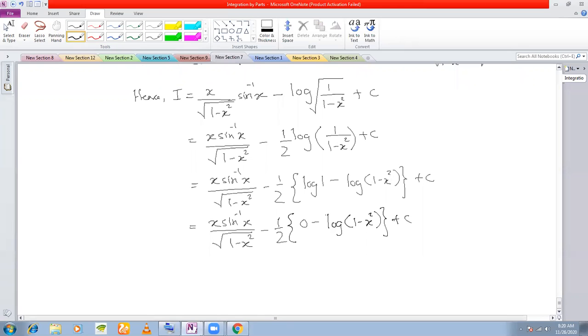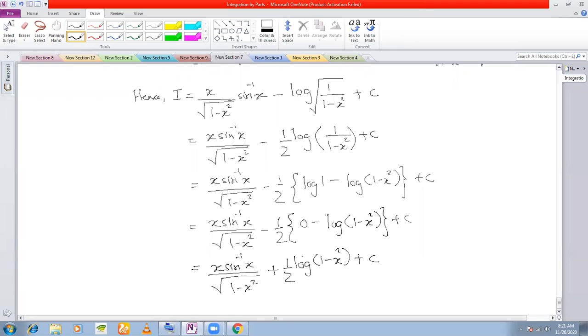And finally, you can write this as x sin inverse x by root 1 minus x square. Minus minus become plus half log 1 minus x square plus a constant of integration. That's it. So this is how you do this sum.